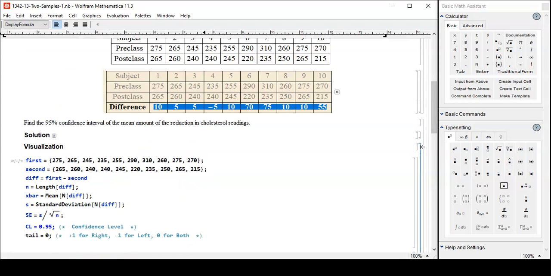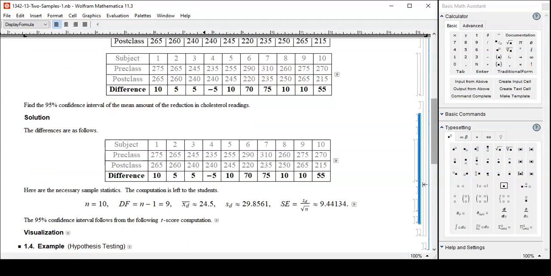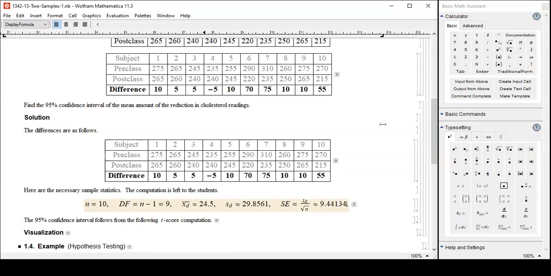How do we do that? Well, here it is. Here are all the sample statistics needed. You may need some calculator work, of course. That's the difference of the mean, or mean difference. And this is the standard deviation of the differences.